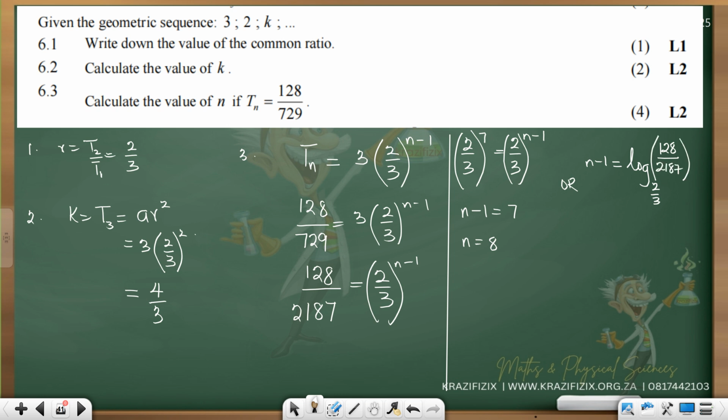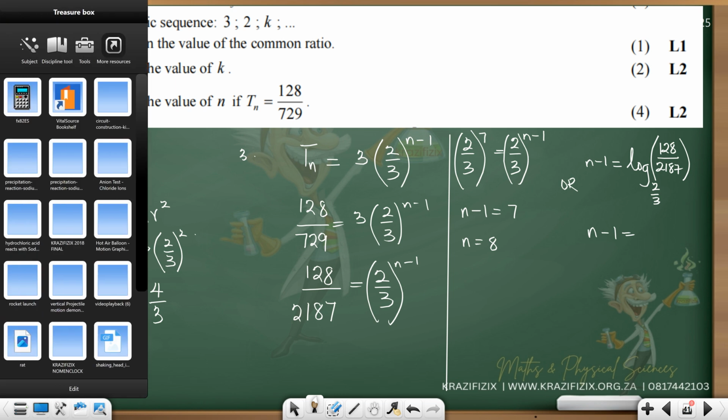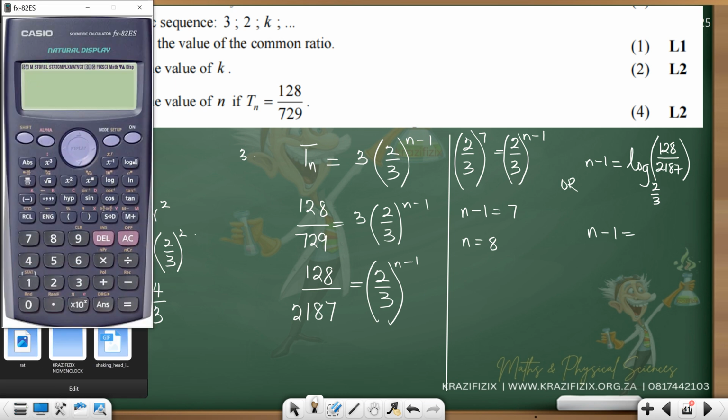Let's learn to use brackets there. Confirm, will that still give us 7? It must give us 7. 2 over 3, and there we have what? 128 over 2187.